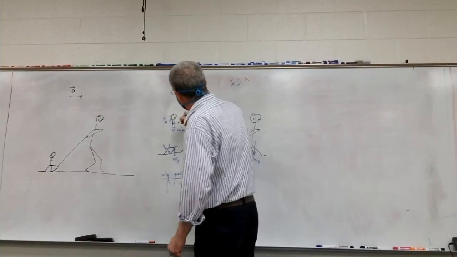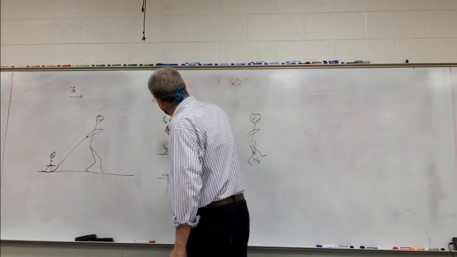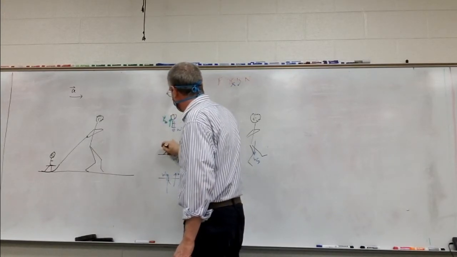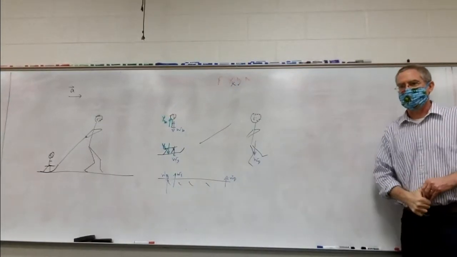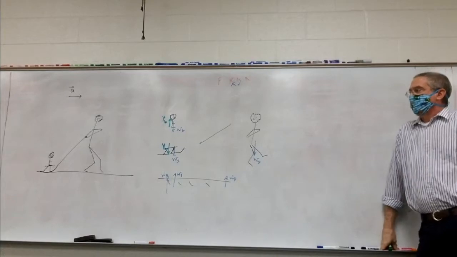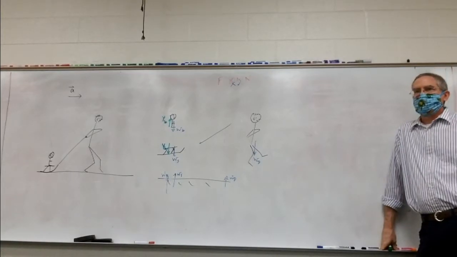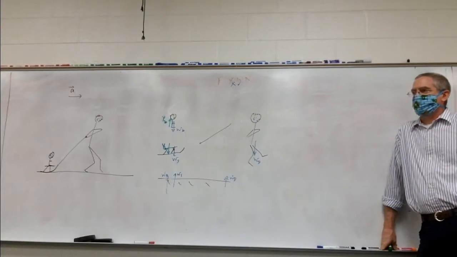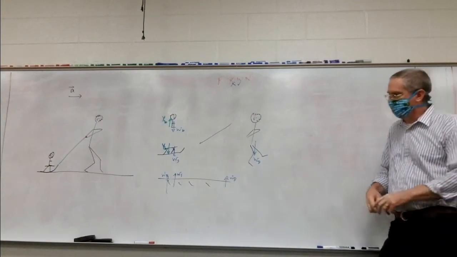Let's see if this will work. There we go. Try to do some sort of color scheme here. And is that it? Down on the ground and up on the sled. Okay.